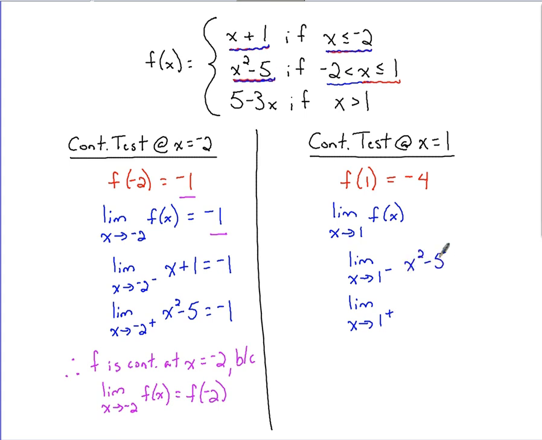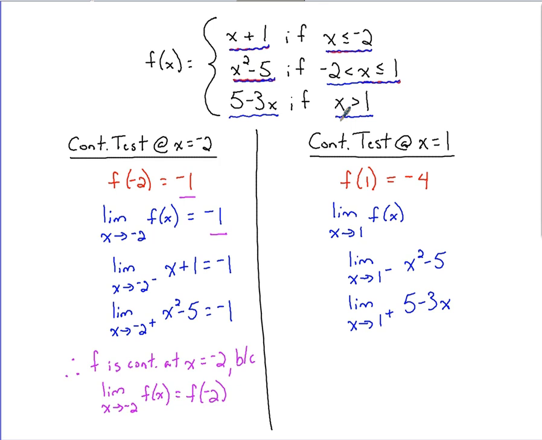The reason we use x squared minus 5 is because x is less than or equal to 1, so we're to the left of 1 there. For our right-hand limit, we will use this last piece, 5 minus 3x. The reason we use that piece is because we're talking about values of x that are greater than 1. Those would be values that are to the right of 1.